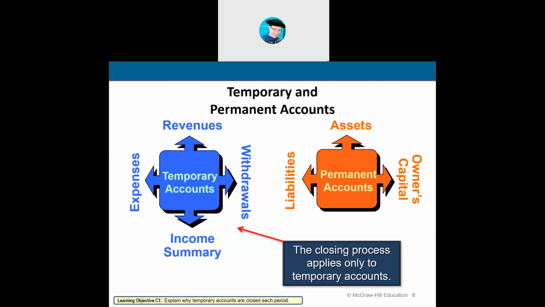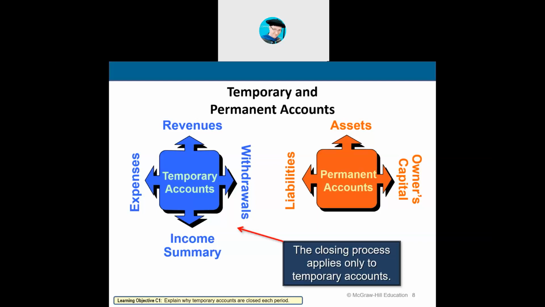The other type of account is called a permanent account. Permanent account simply means that it always has a balance. And if something always has a balance, it's probably going to be on your balance sheet, right? Assets, liabilities, owner's equity, paid in capital, those will always have a balance.